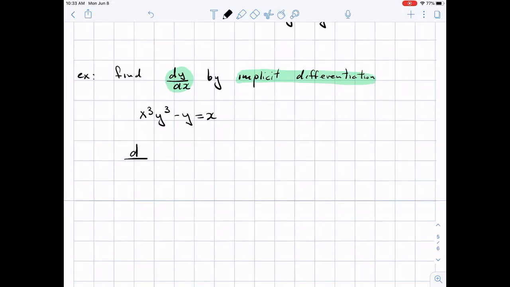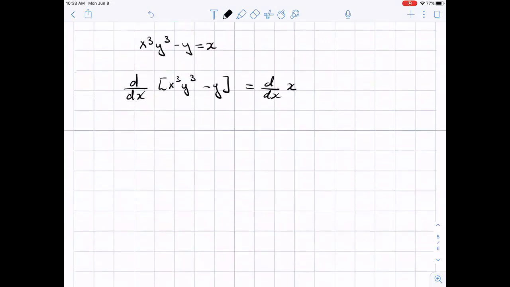So d/dx of x cubed y cubed minus y, and d/dx of x. And then we could separate this, okay? This is the same as d/dx of x cubed y cubed minus d/dx of y, and d/dx of x.